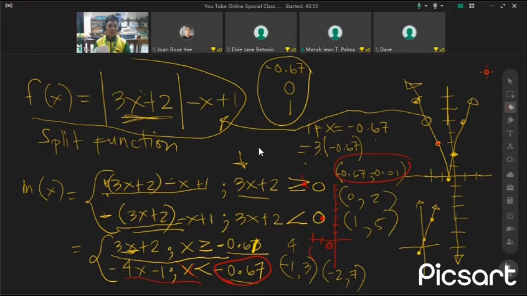Alright. That is the effect of poor connectivity. Goodbye.